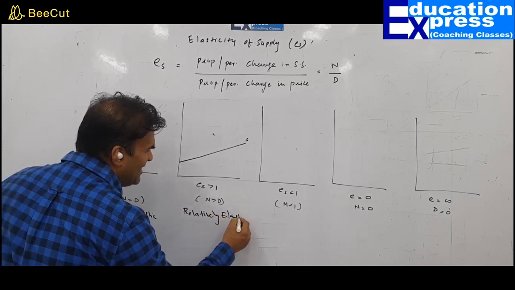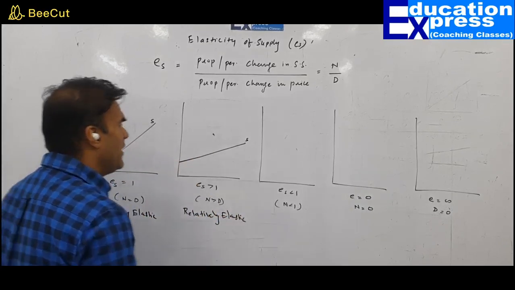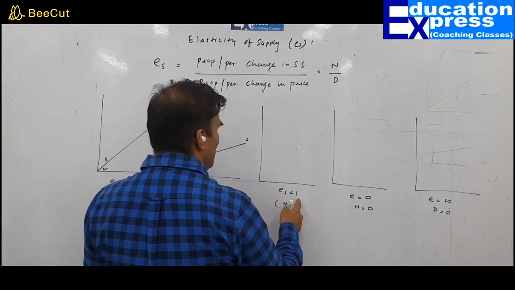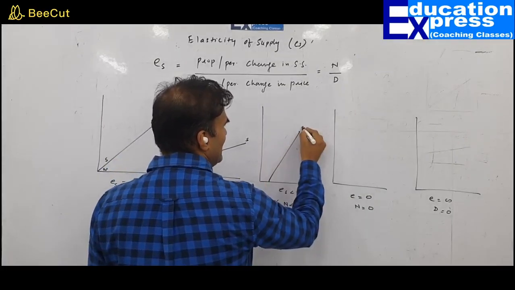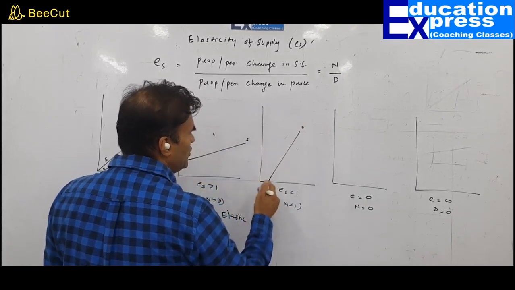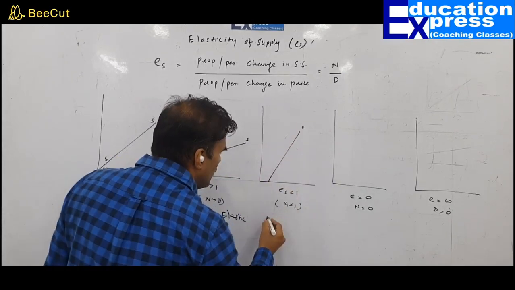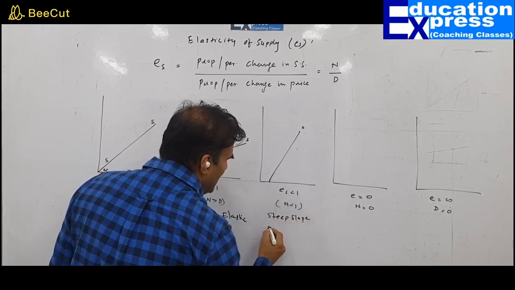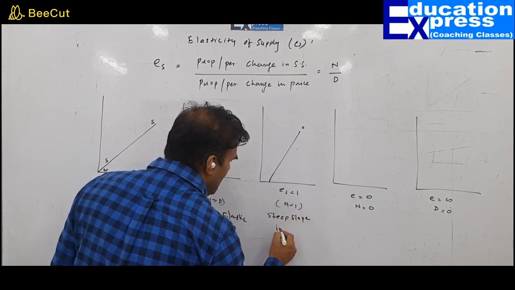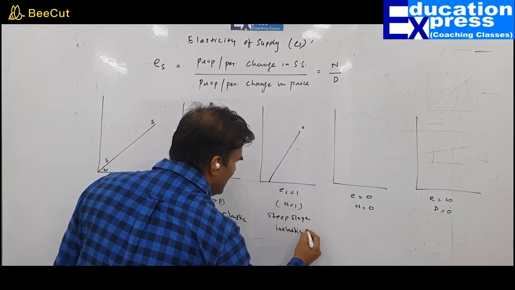Relatively elastic. Gradual sloping curve. E is less than 1, steep slope. That means it could be this, or in case you wish, you can draw from here also. So, steep slope, and we call it inelastic supply.